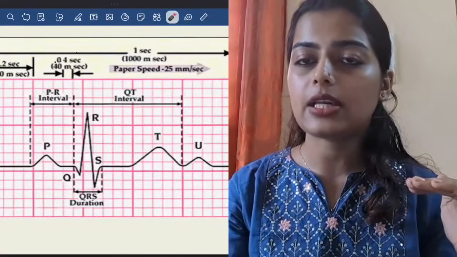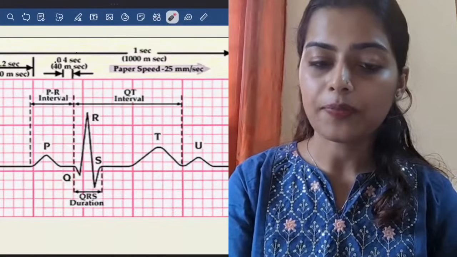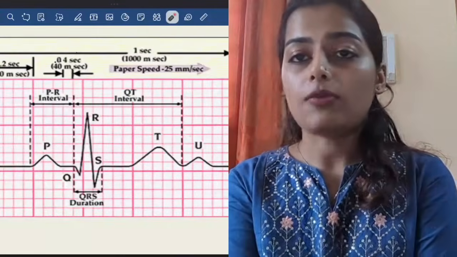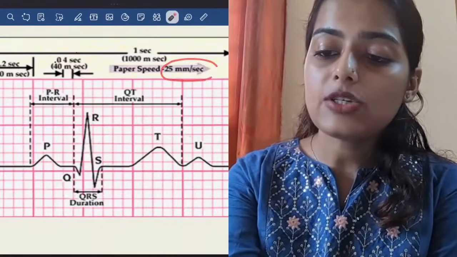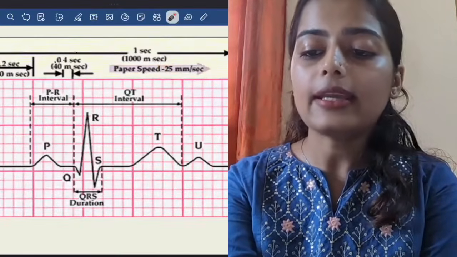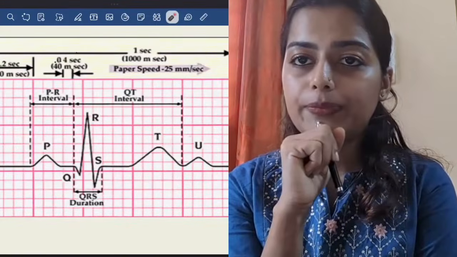The length of an ECG represents time. The height represents current in voltage. The speed of an ECG paper is 25 millimeter per second. So in 1 second, 25 millimeter or 25 small boxes are covered.